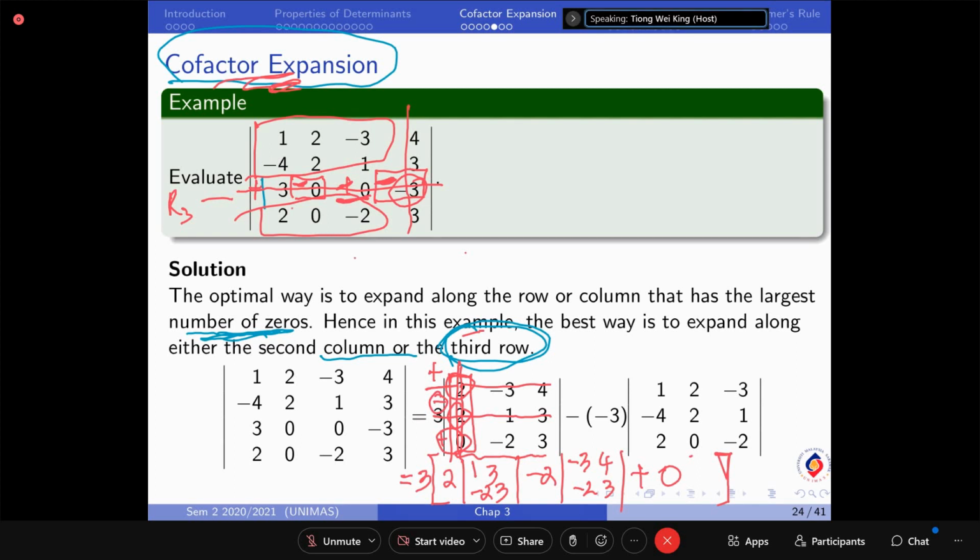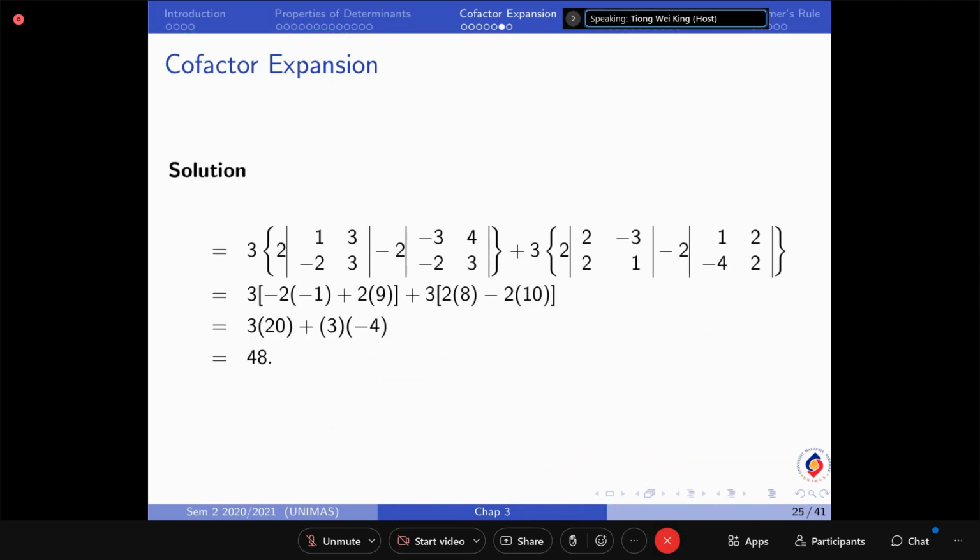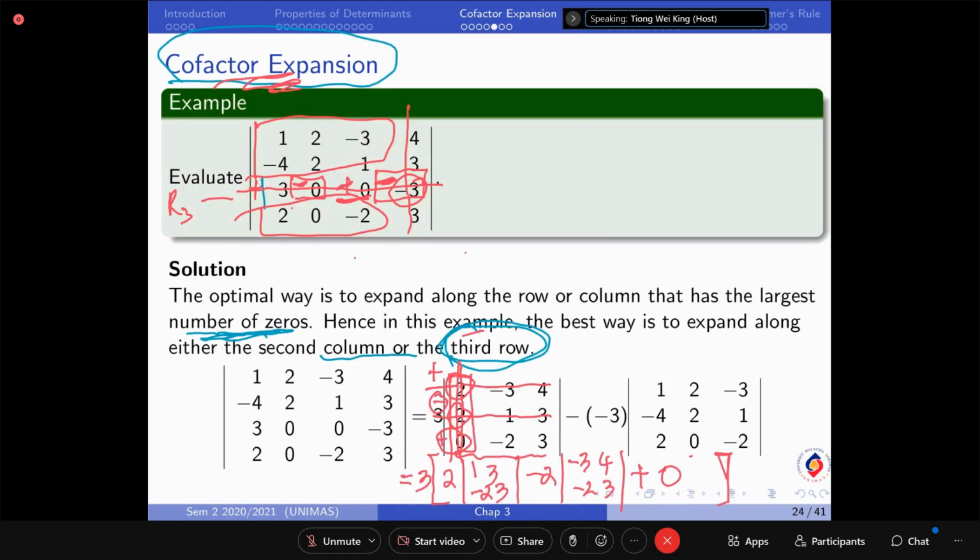That's for the first part of the matrix. I have the first part here. Now the second part.